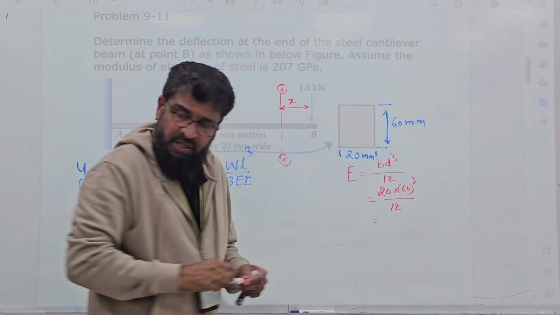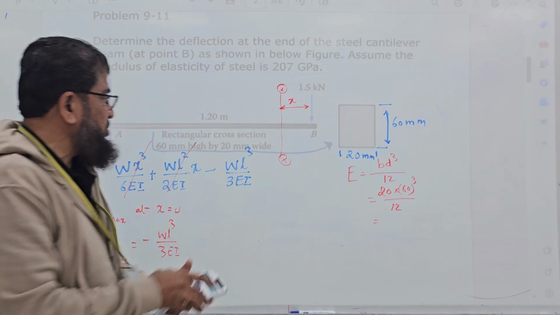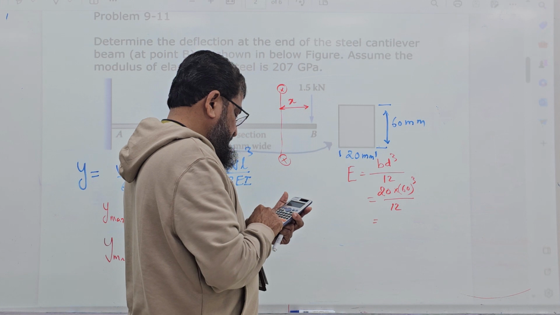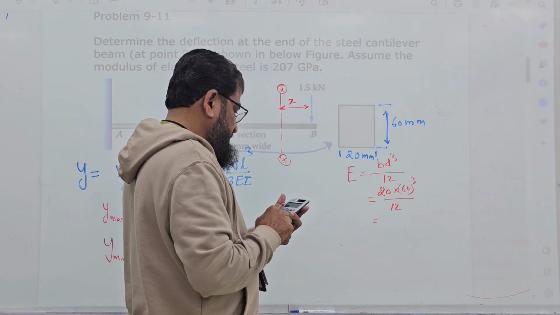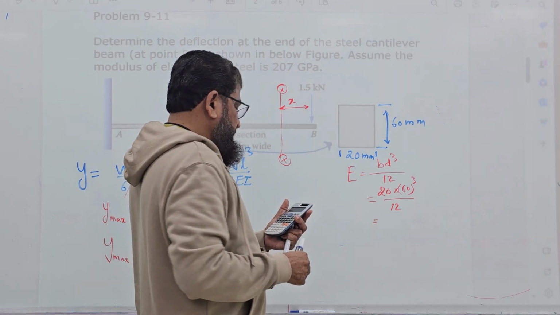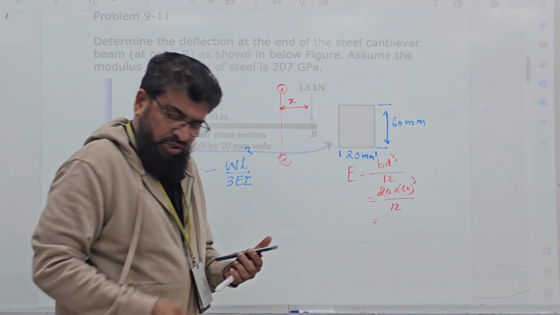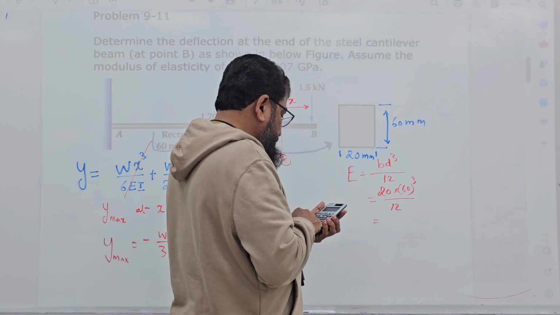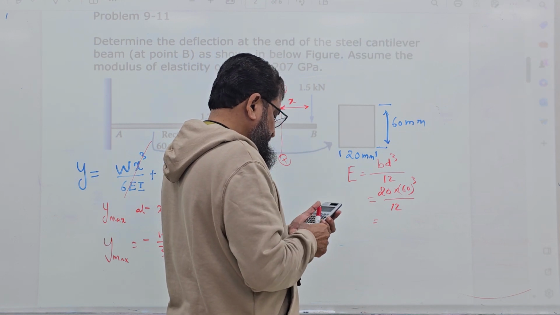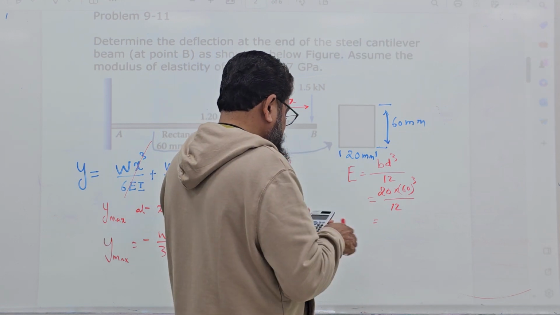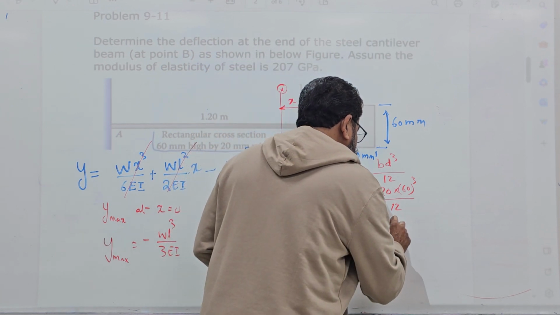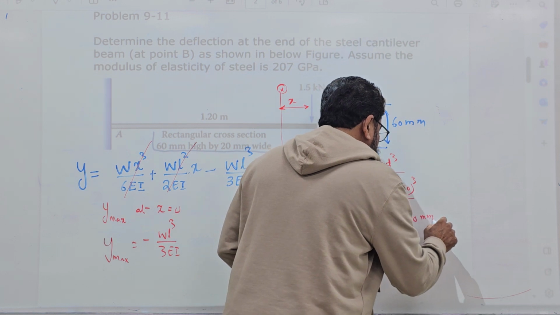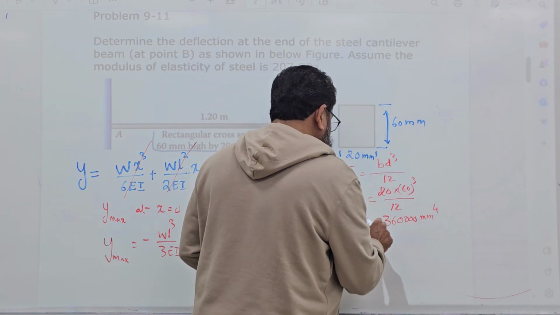This gives me a value of 36 followed by 4 zeros. If I want to write it in 10 to the power of x fashion, it's a small number, so let me write it: 36 followed by 4 zeros, millimeter to the power of 4. This is the value of I.